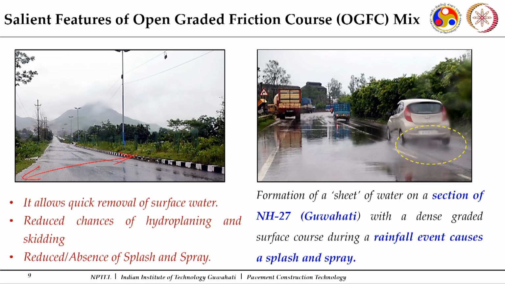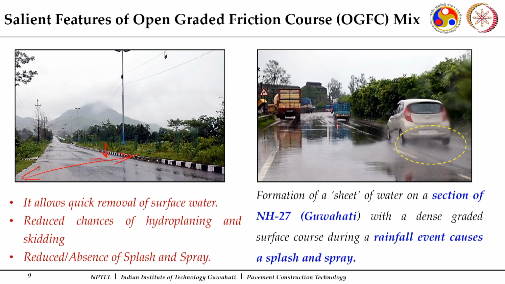Now, whenever a rainfall event is there, water moves with the help of camber, and there may be some minor undulations. Since when the pavement becomes more and more wider, water takes time to travel from the median to the sides.